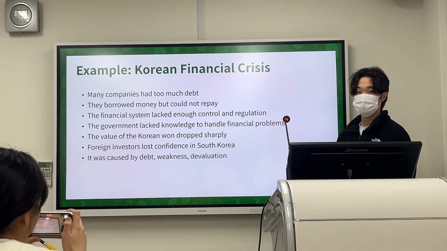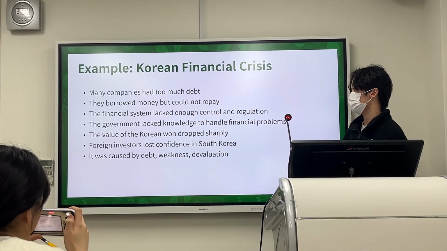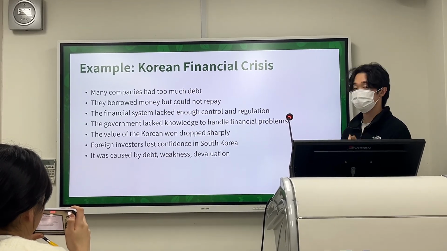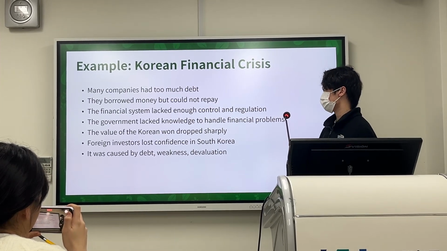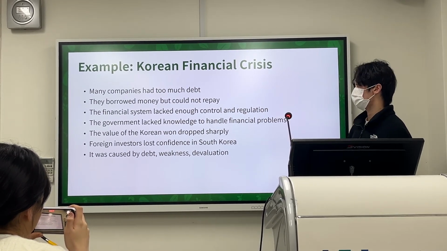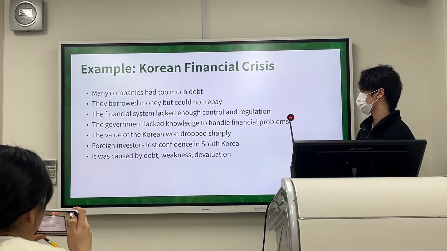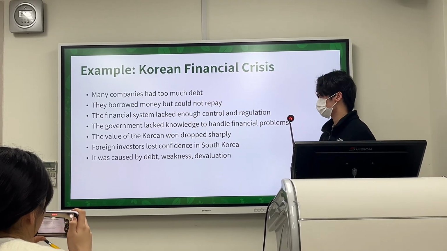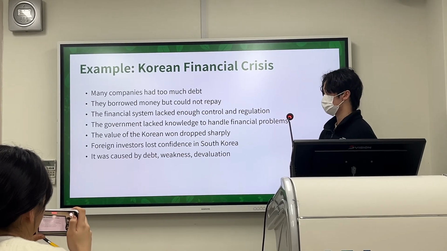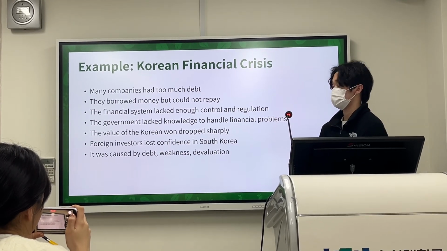And also, South Korea was a very poor country and not a developed country at the time. So the financial system lacked enough control and regulation, and the government lacked knowledge to handle financial problems. As a result, the value of the Korean won dropped sharply, and foreign investors lost confidence in South Korea.